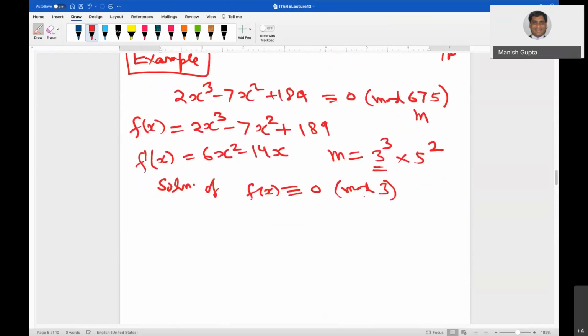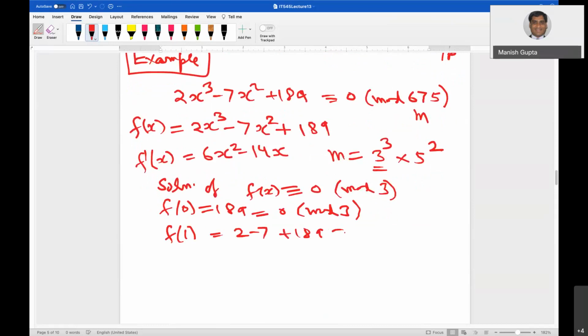Now, I can substitute the initial values, right? f of 0 turns out to be 189, which is 0 mod 3, right? Next, I can place x is equal to 1. It is 2 minus 7 plus 189, turns out to be 1 mod 3.